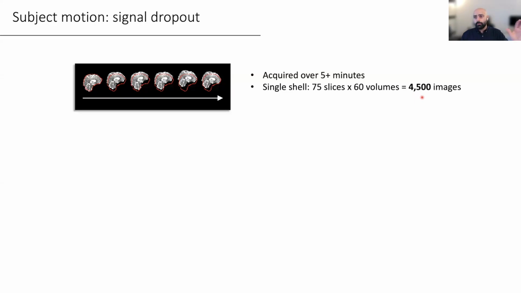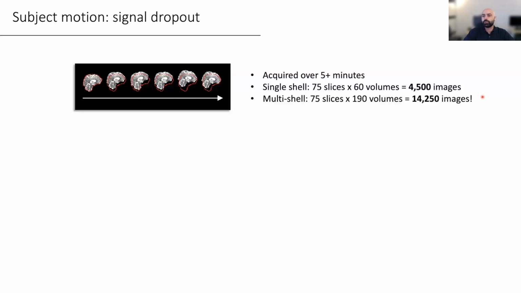Now, this is improved with things like multiband, where you acquire several slices simultaneously, but still you're going to acquire thousands of images anyway. And this is for a simple study. If you go for a multi-shell study where you acquire more than one b-value and you're acquiring volumes closer to 200, you're talking about 14,000 individual slices.